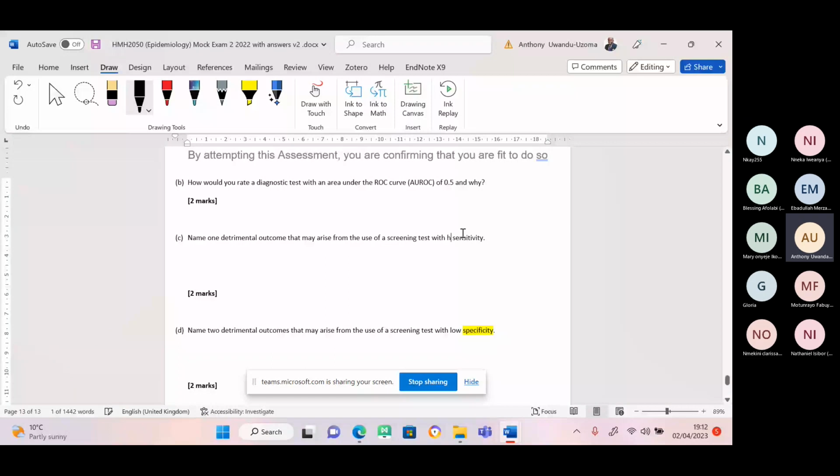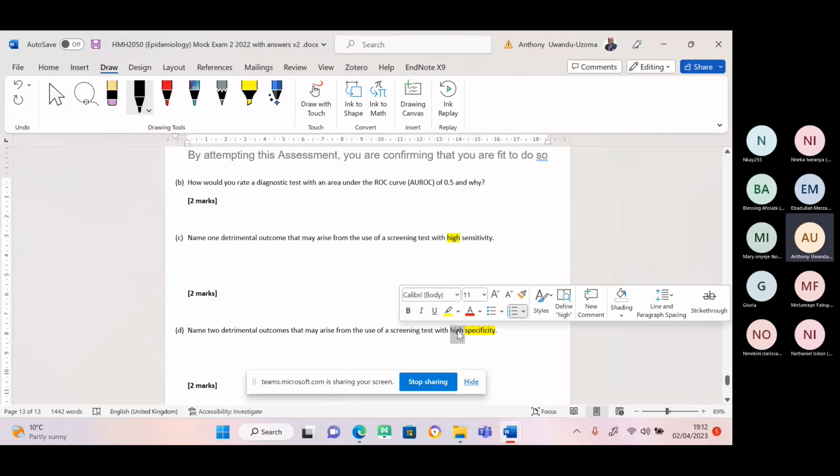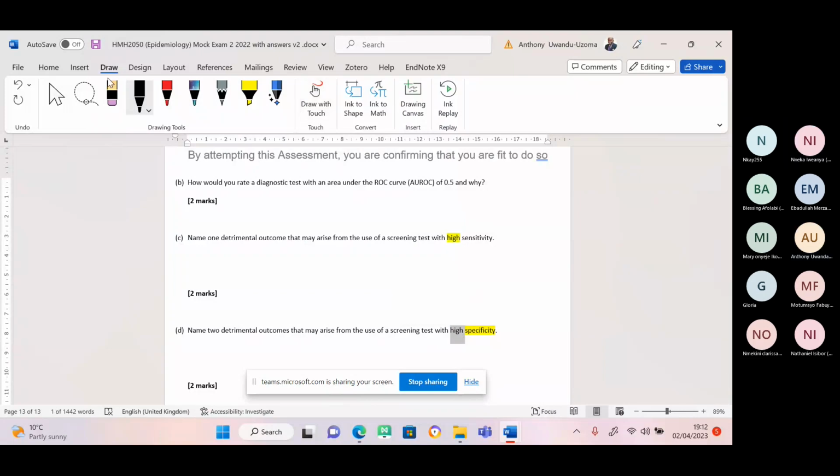Answer question number C. I'm changing it to high. So this is high, and this is also high. So what does high sensitivity mean?